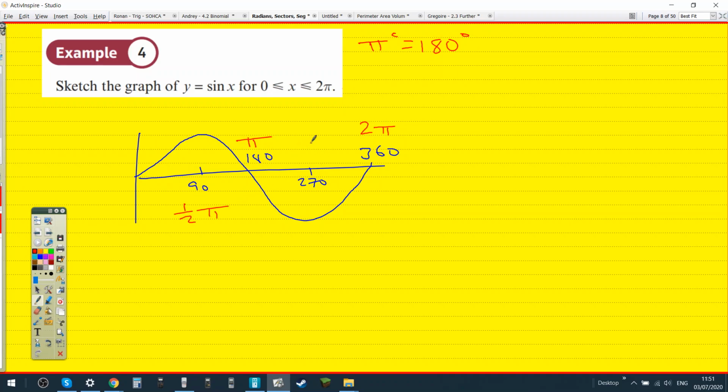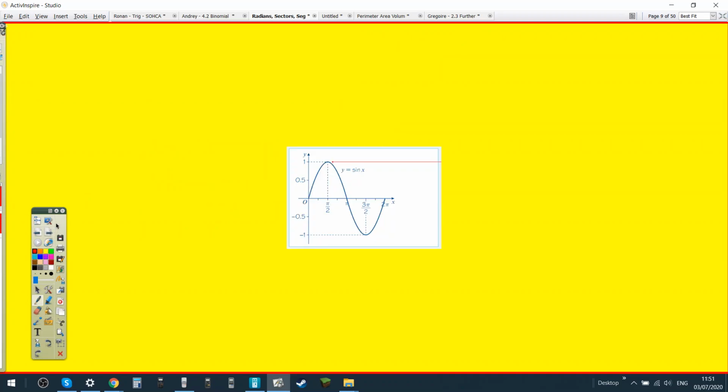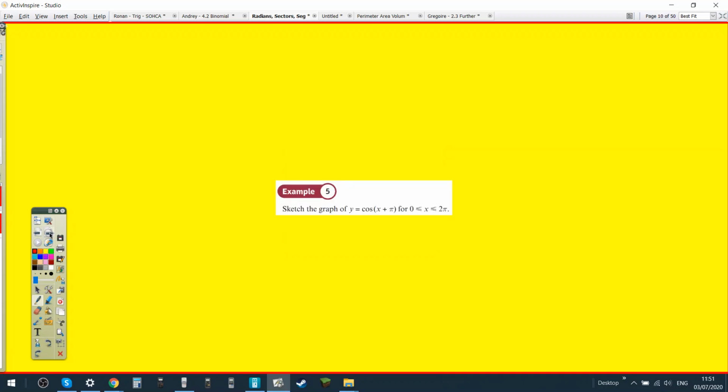And what is 270? 3/2 pi. And yes, you'll get used to it. 360 is 2 pi. And you can go from there. So it's just about putting the main points on in radians.